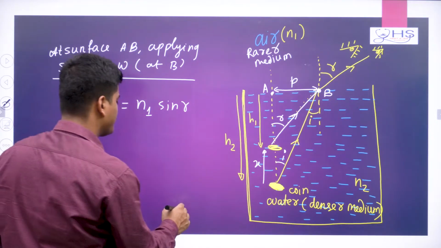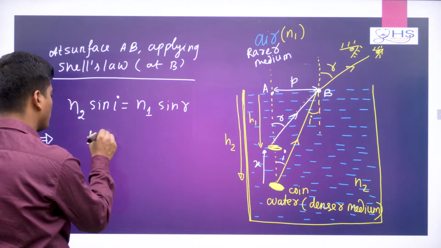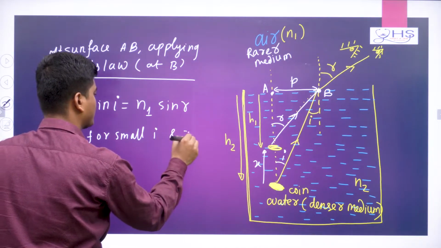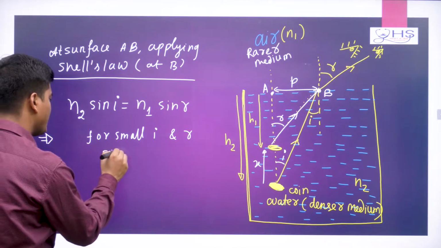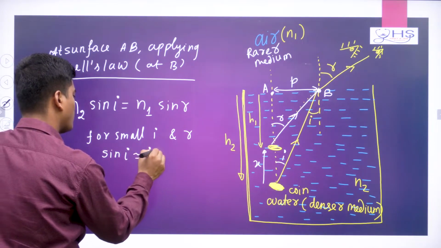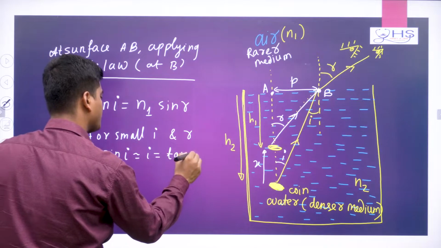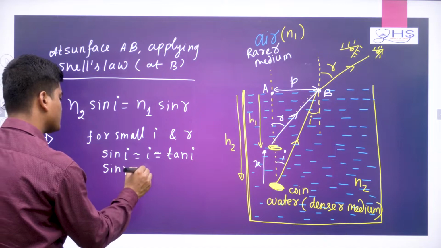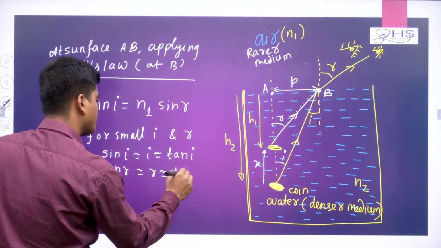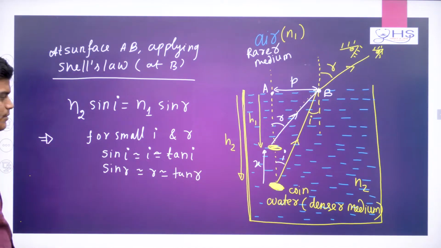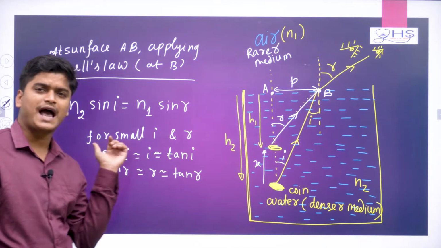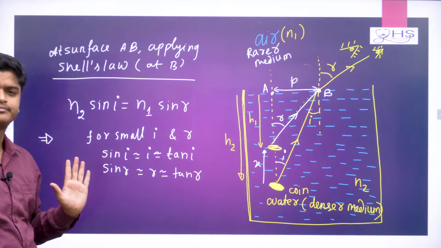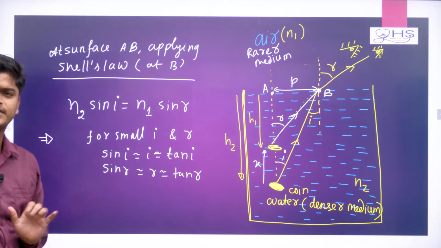So for small I and R, sin I is nearly equal to I, which is also equal to tan I. Similarly, sin R is nearly equal to R, which can also be written as tan R. When angles are very small, the sine of that angle is nearly equal to the angle itself, and also to the tan of that angle.